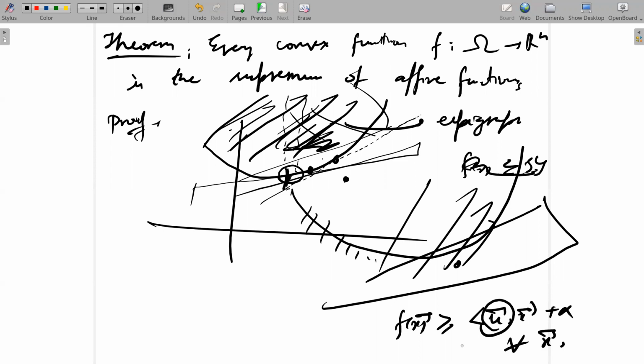Now essentially when I'm taking suprema, I'm talking about intersection of all these closed half spaces. So that will give me precisely this epigraph. And of course, that will also determine only the boundary here. So using this geometric idea and the supporting hyperplane theorem and the separation theorem, you can conclude that every convex function is in fact exactly equal to the supremum of a given list of affine functions.